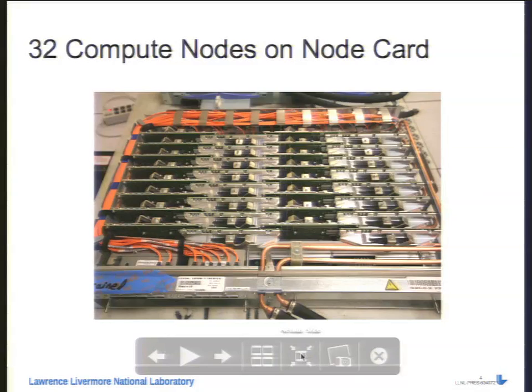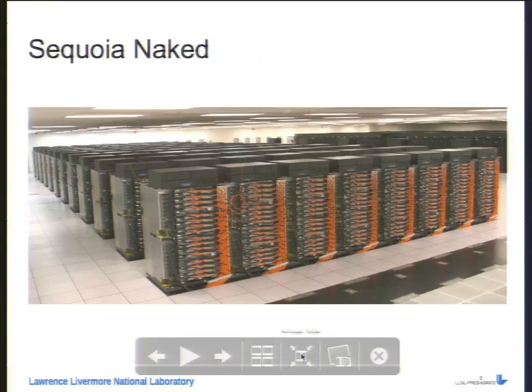To get that many nodes into a single rack, we have a node that's about that big on a card. We fit 32 of them onto a single tray that IBM calls a node card. 32 of those trays go into a single rack. That gets us our 1,024 nodes.